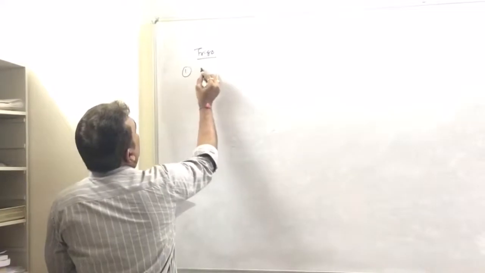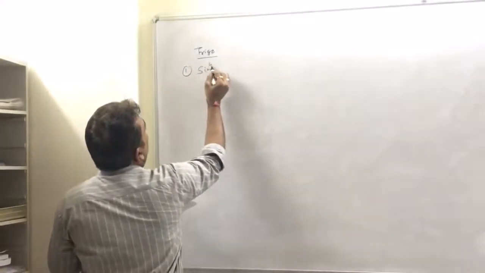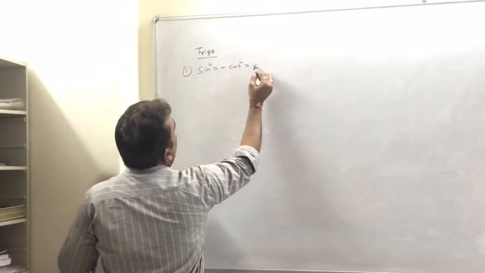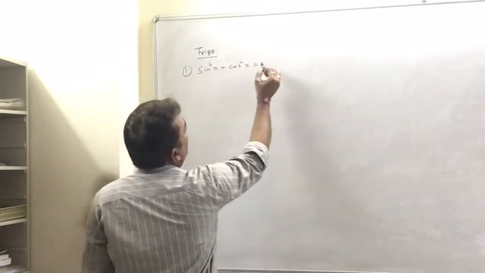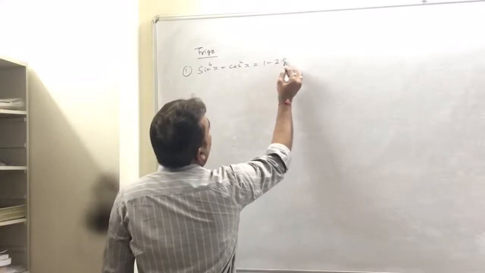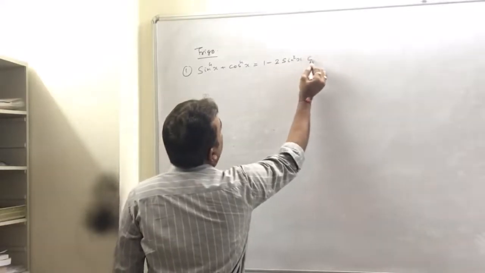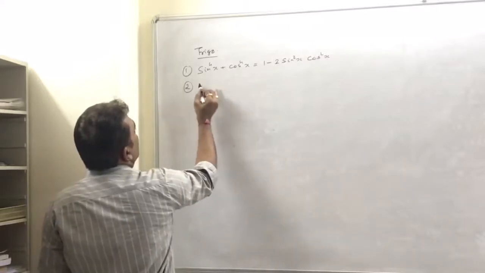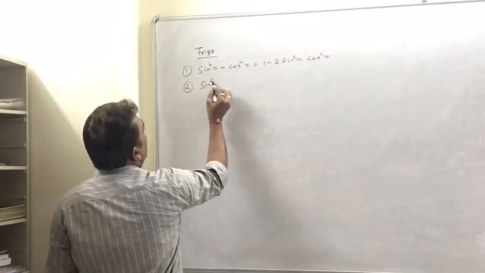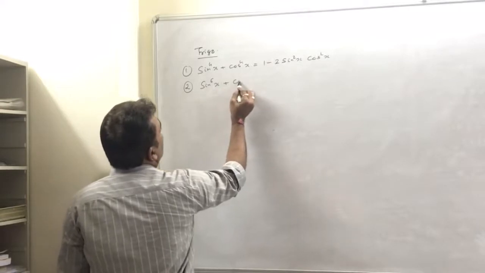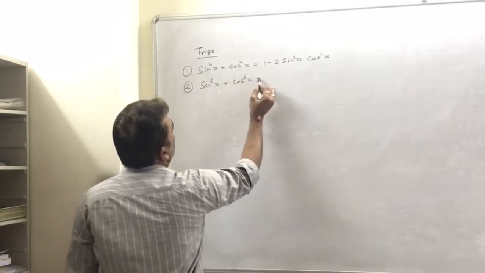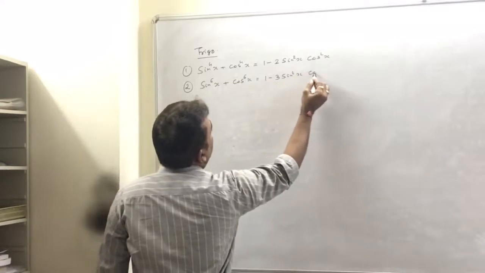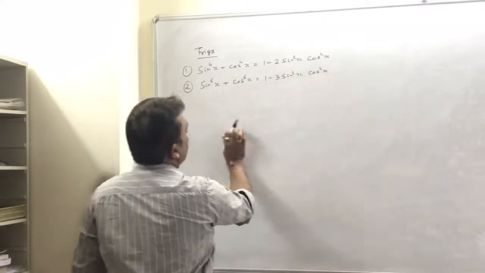generally we have to remember these 3 results. Sin raised to 4 plus cos raised to 4 is 1 minus 2 sin square x cos square x. Second, sin raised to 6 plus cos raised to 6 is 1 minus 3 sin square x cos square x.